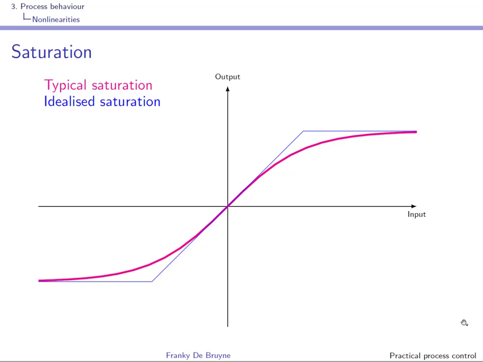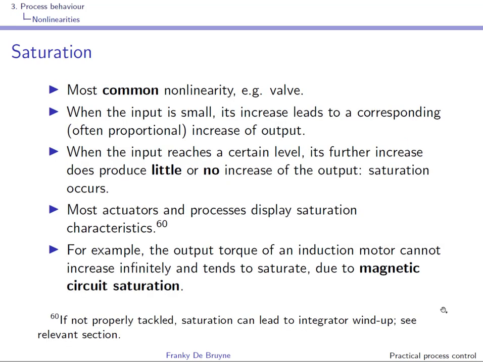You can see here that the slope is changing all the time, and in blue you see the idealized saturation, and here you can see that there is a region where the output is reacting linearly to the input.